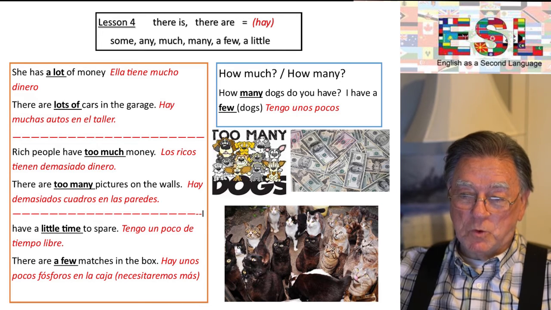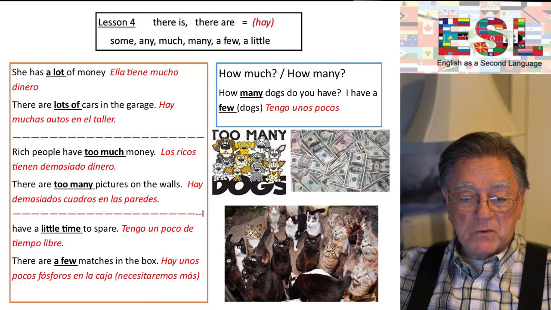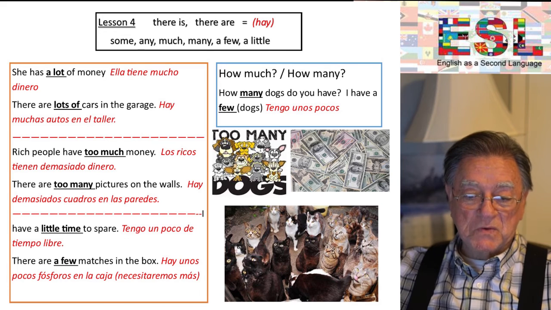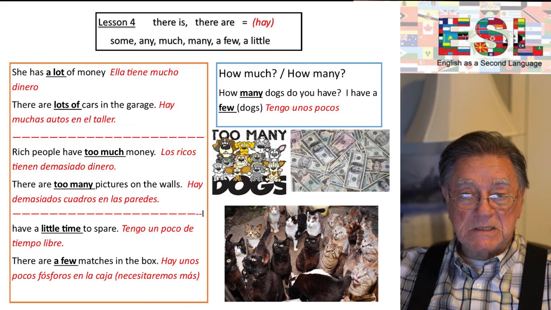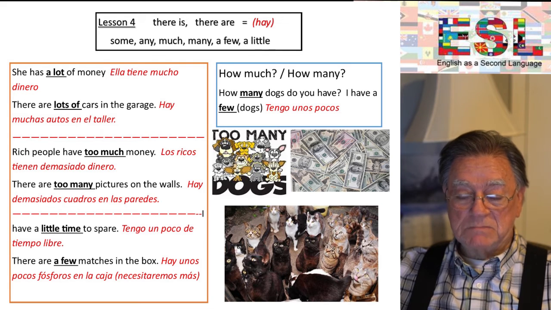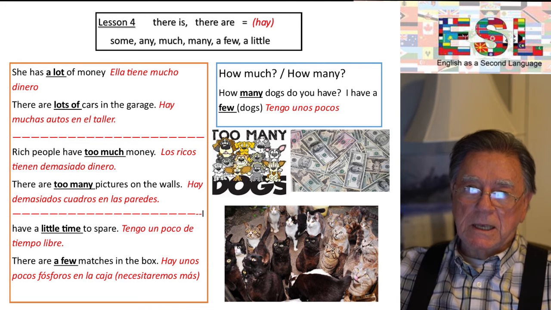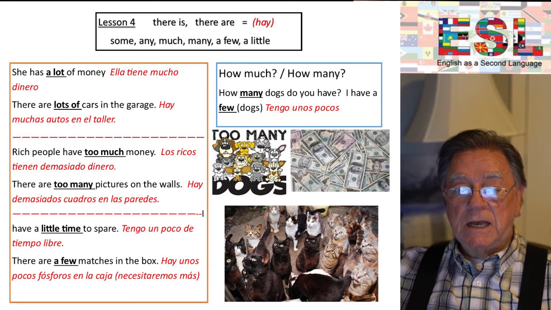Hay unos pocos fósforos en la caja. Necesitaremos más.